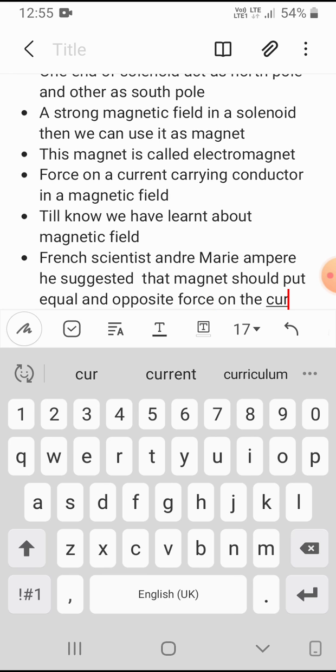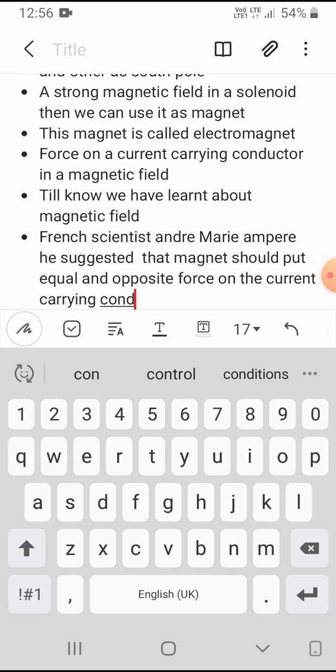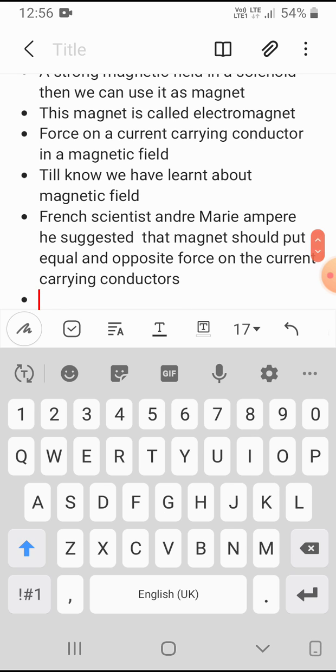If a thing is carrying current, the magnet should put an equal and opposite force on that current carrying conductor.